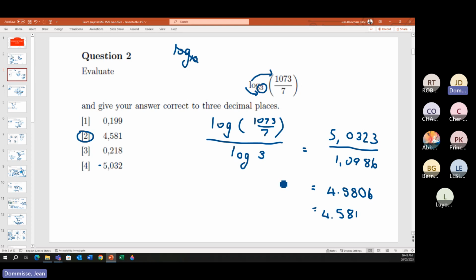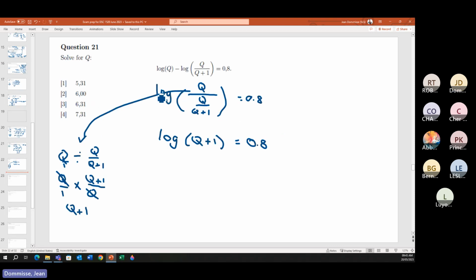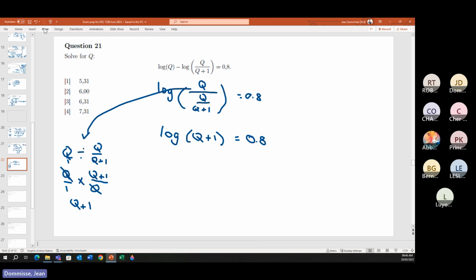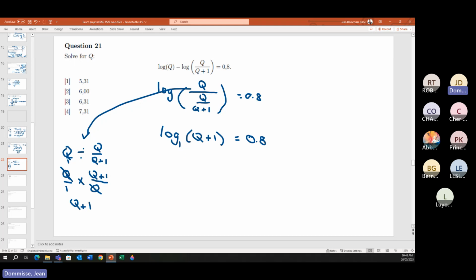Where it was log, when they don't tell you what the log is, and that is exactly how your calculator sees it as well, this is actually log to the base 10, so log 10.